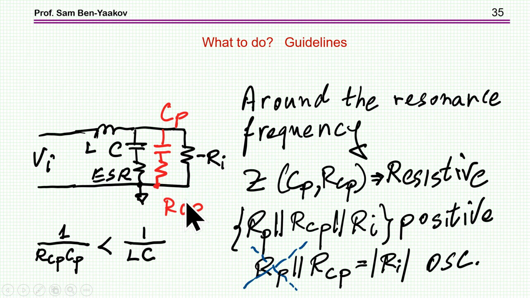In this case, what I want is to have a resistance around the resonant frequency of this circuit, that is, the resonant frequency due to L and C, because this is the critical range of frequencies. I don't care about the lower frequency, it could be capacitive, that's okay.